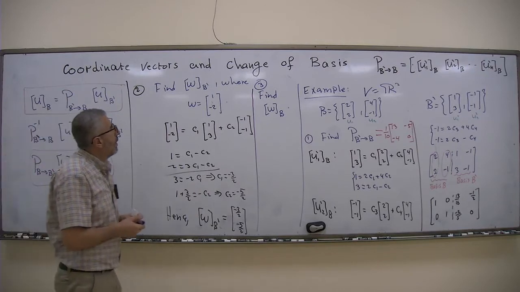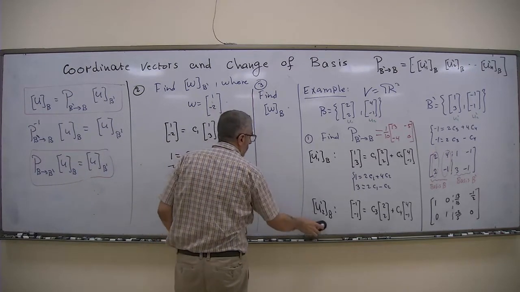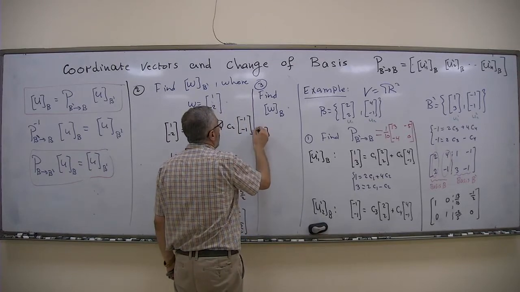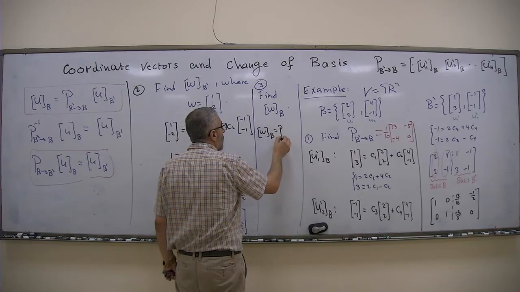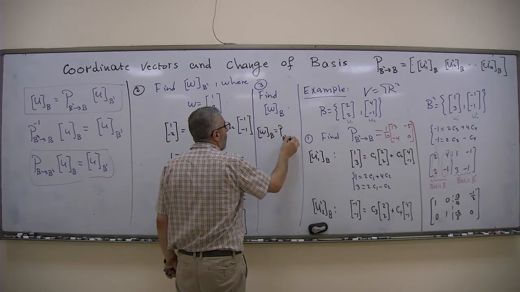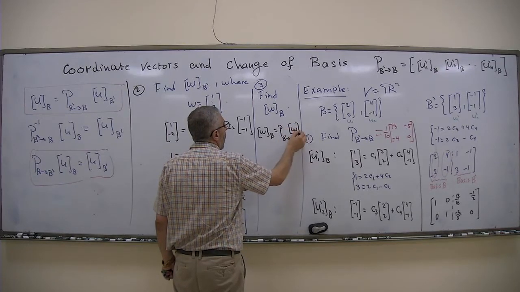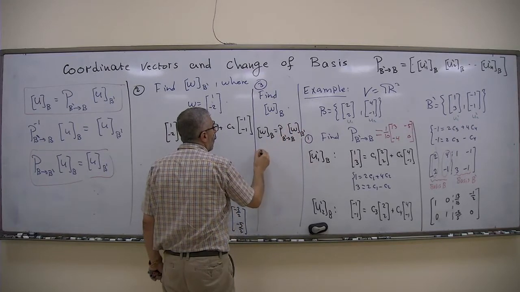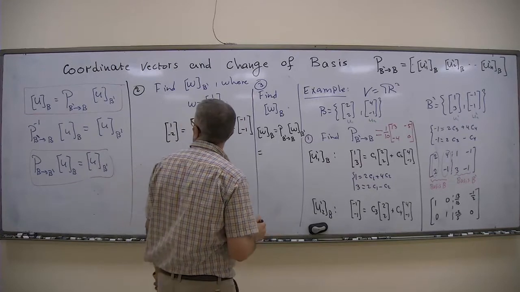So here you can say W with respect to B is going to be the transition matrix B prime to B multiplied by W with respect to B prime. This we know, and this we know. So all you need is just to substitute, correct?